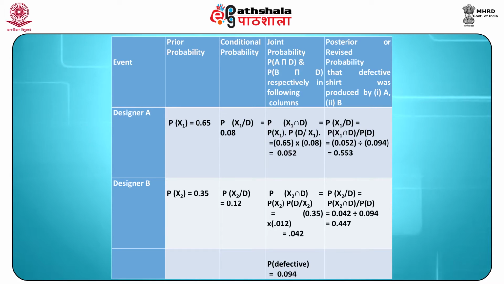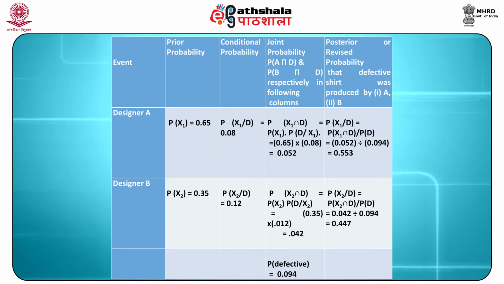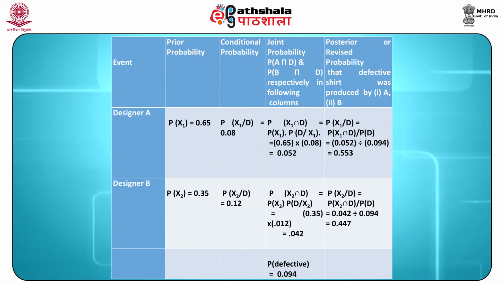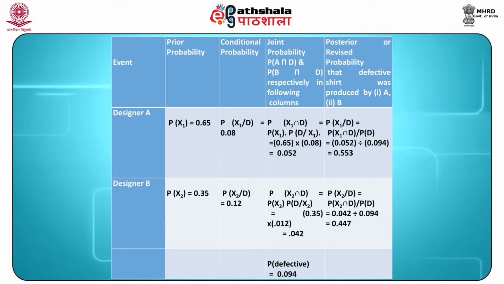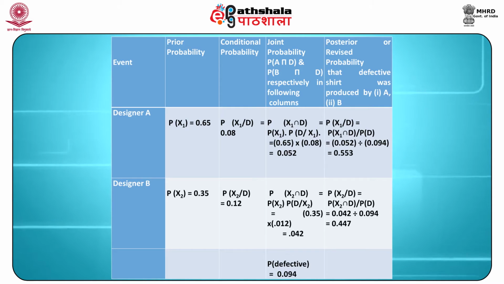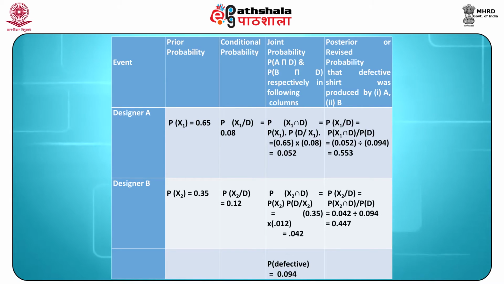Then we come to the joint probability. In this, we have probability of x1 intersection D, which is equal to probability x1 into probability of D given x1, which is equal to 0.65 into 0.08, which is equal to 0.052.